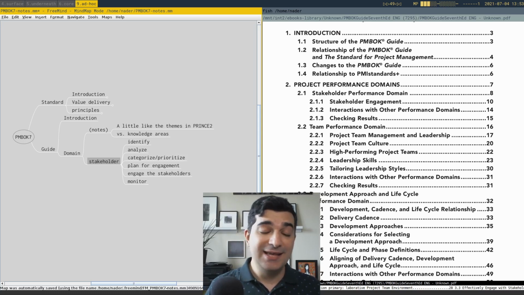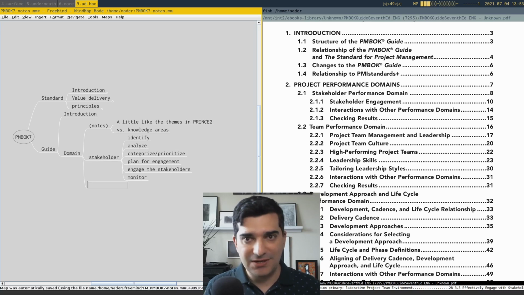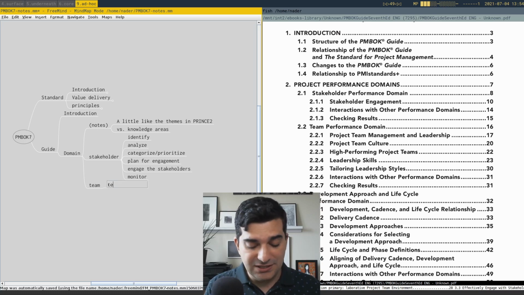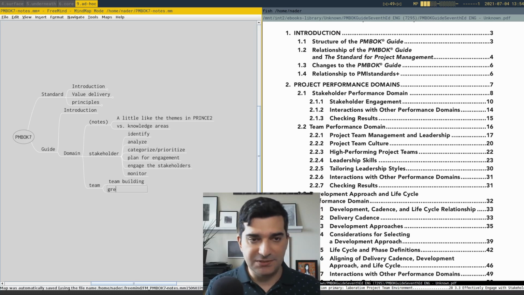But then the next domain, as you see here, is the team performance domain. It's about a subset of the stakeholders. That's the internal stakeholders. For the internal stakeholders, we need to do extra things. We need to have team building. We need to help them grow as individuals.